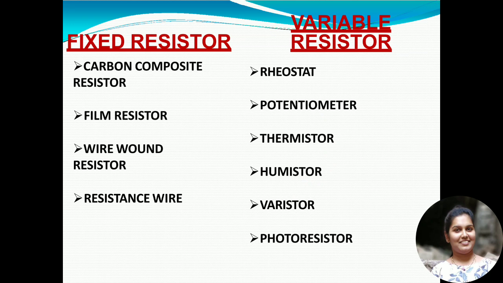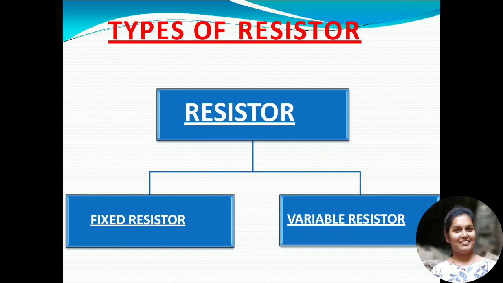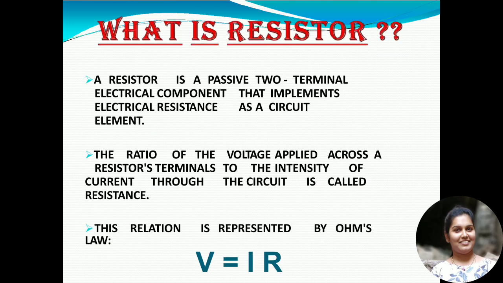The amount of current flowing in the circuit is inversely proportional to the resistance. According to Ohm's law, we can write V = IR, R = V/I. Here we can observe that R is inversely proportional to current. So the more the resistance, the lower the current, and the less the resistance, the more current will flow in the electrical circuit.